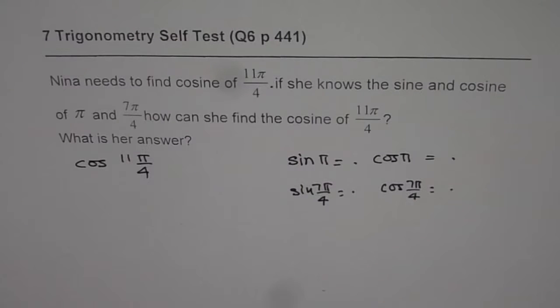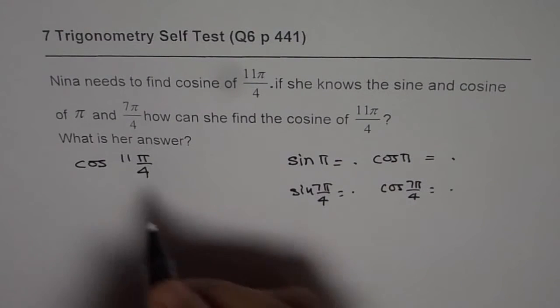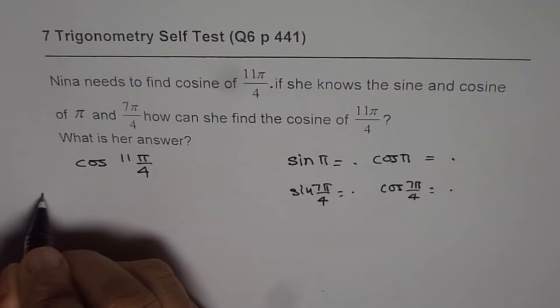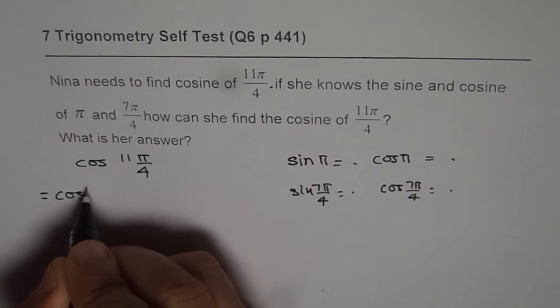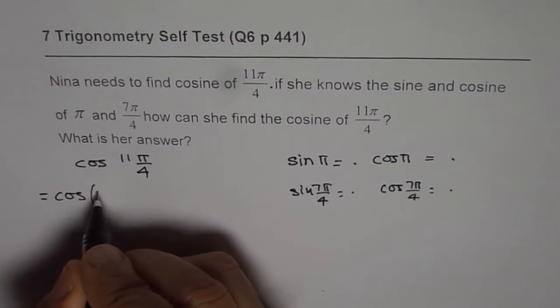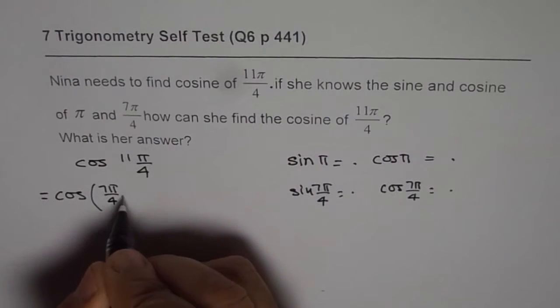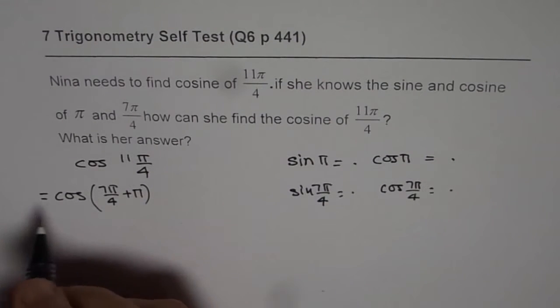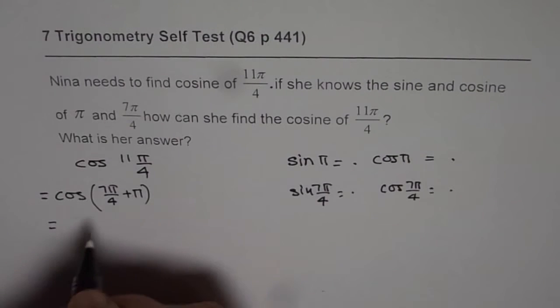Well, we can use the double angle formula. So the double angle formula can be used here. We could write this as equal to cos of 7 pi by 4 plus pi, that is 11 pi by 4. Correct? Now if you expand this, then what do you get?